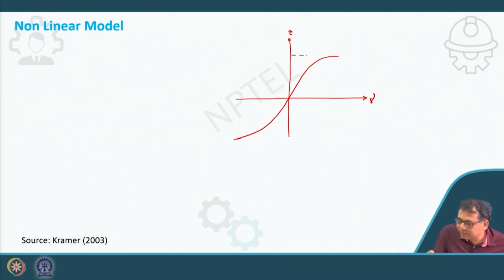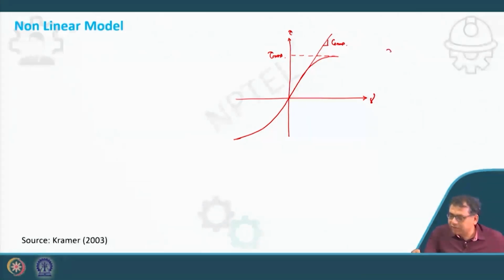Again this is your tau max, the same thing that we discussed in the equivalent linear model, and the initial slope will give you the G max. Again here also tau is represented by G max into strain over 1 plus G max by tau max into strain level.